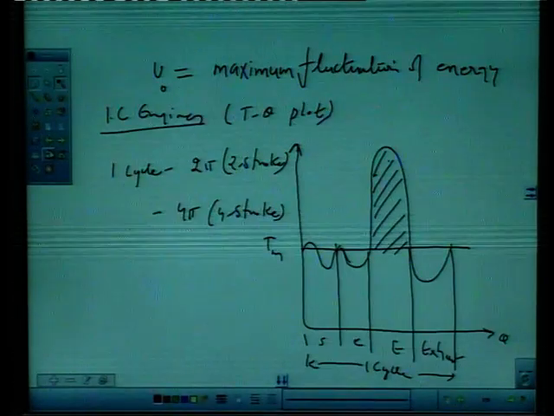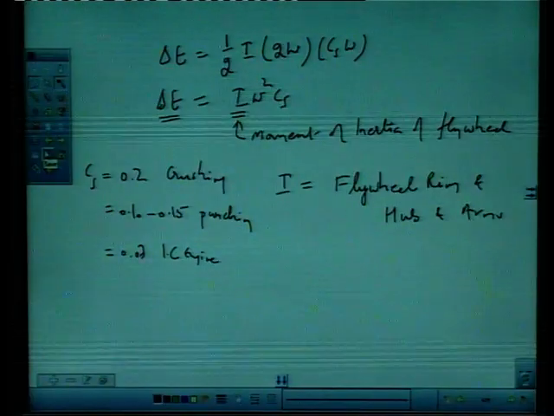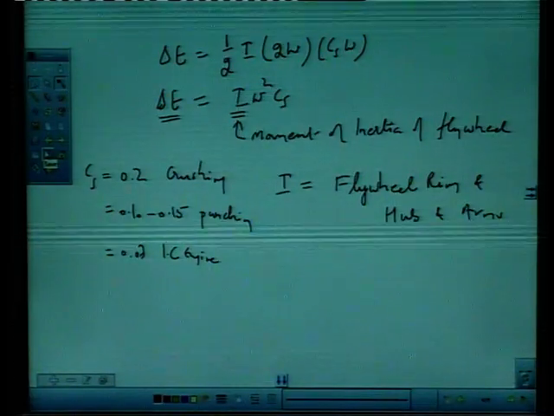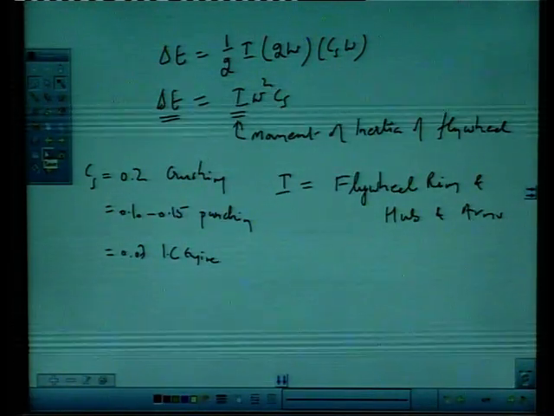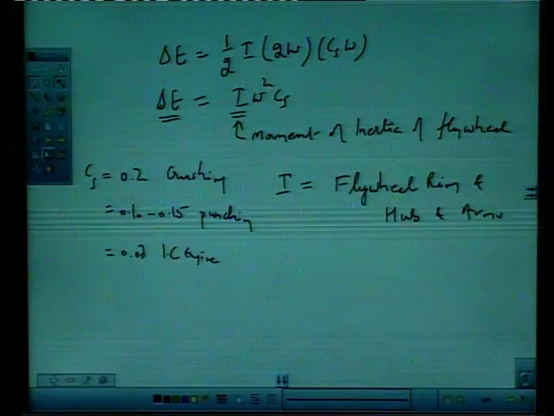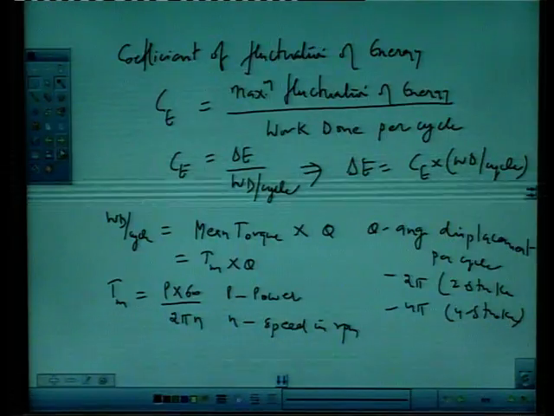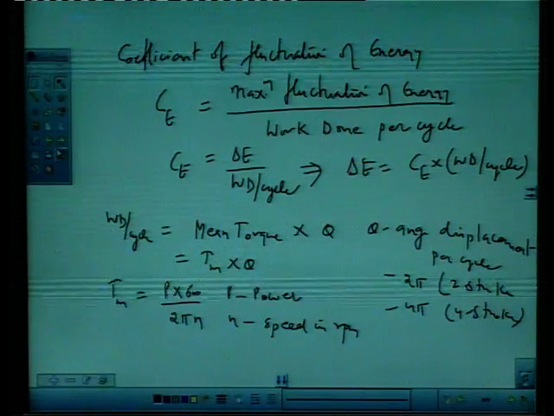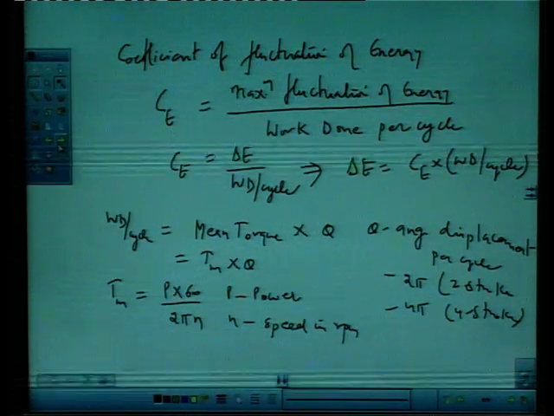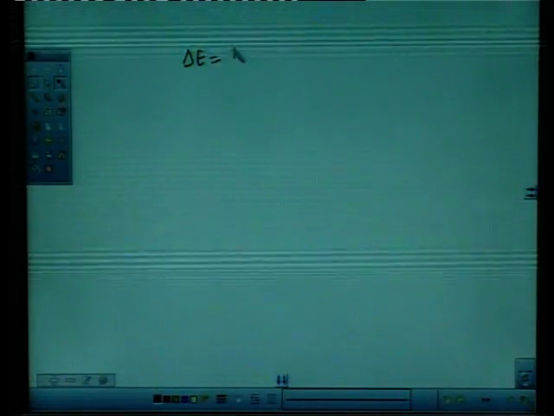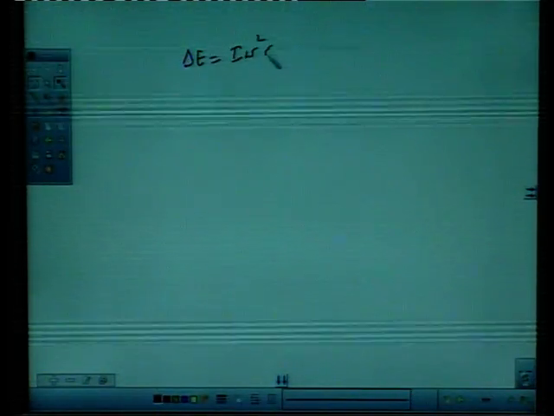Now we had derived this maximum fluctuation of energy equation, that is a design equation, I omega square Cs, in which we will use this I. So basically the design equation is delta E equal to I omega square Cs.